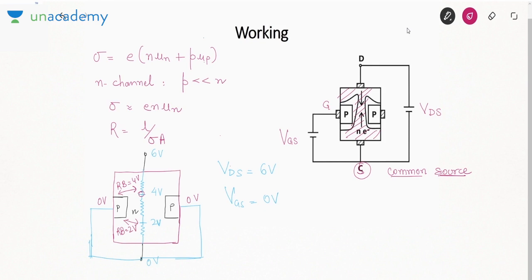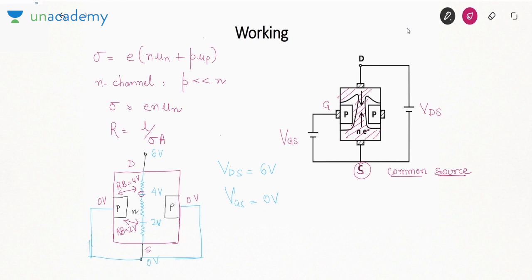That means near the drain, reverse bias is more as compared to the source. Are you getting my point? P region is at less voltage compared to N region, which means the PN junction is reverse biased. And I can see that the reverse bias voltage is more near the drain as compared to source.